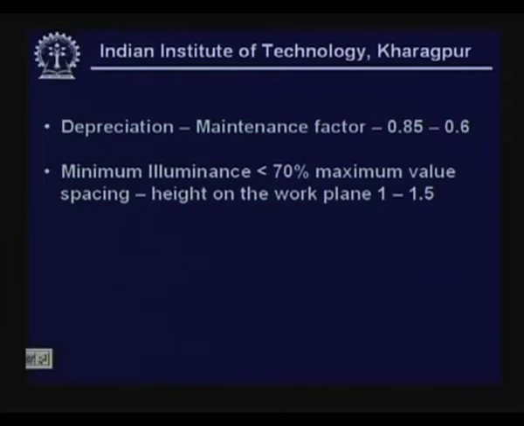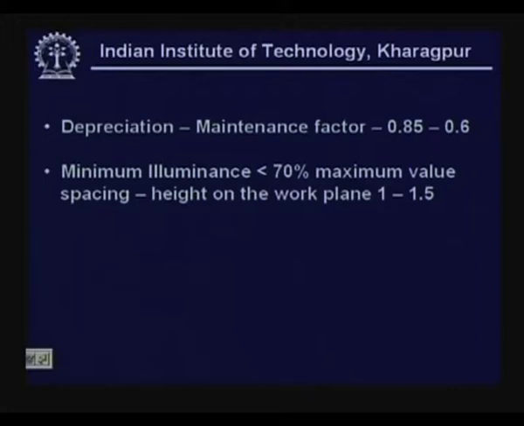In fact, if you see guidelines, one of the good sources for getting guidelines is the Illumination Engineering Society books, which talk of average level, but we need to have reasonably uniform illuminance. It cannot be abruptly changing, that will cause fatigue on our eyes.